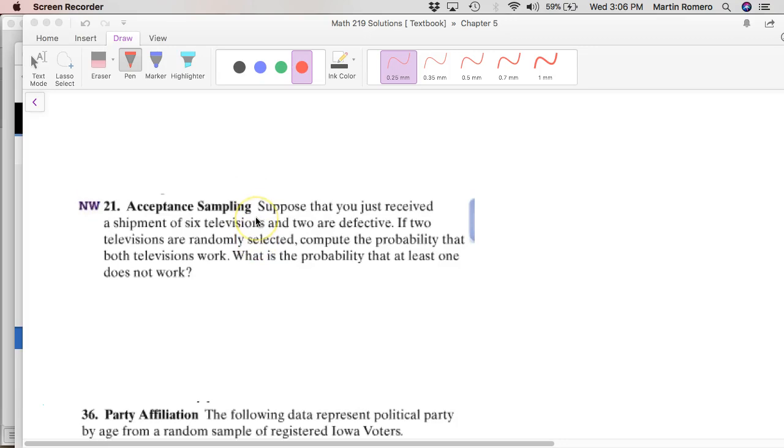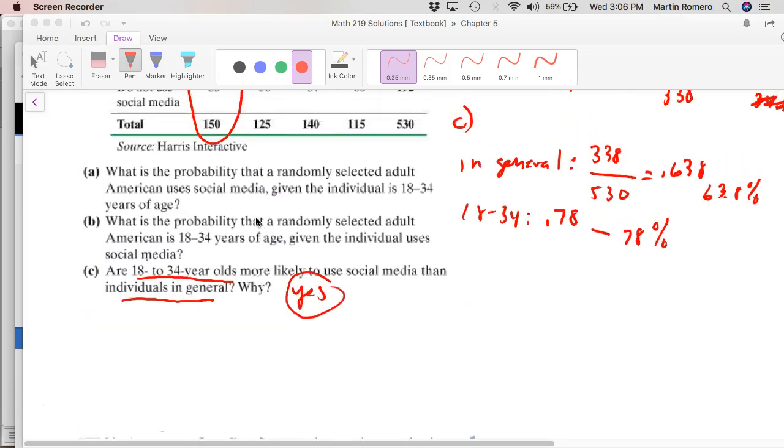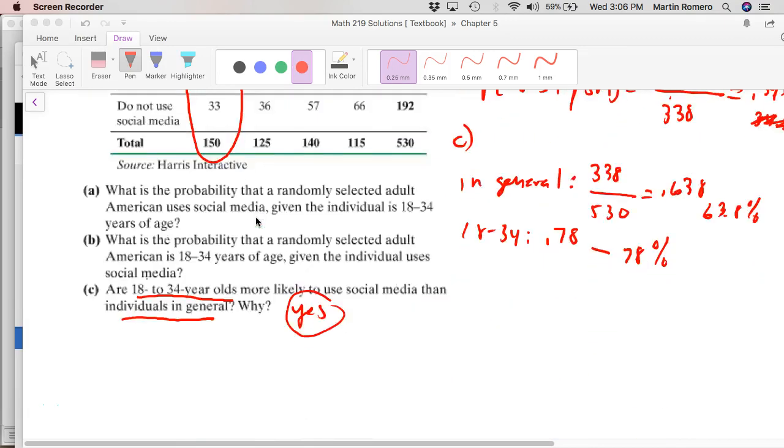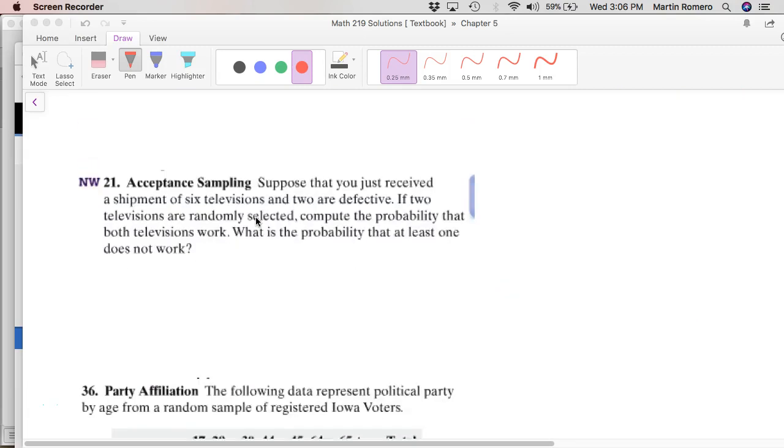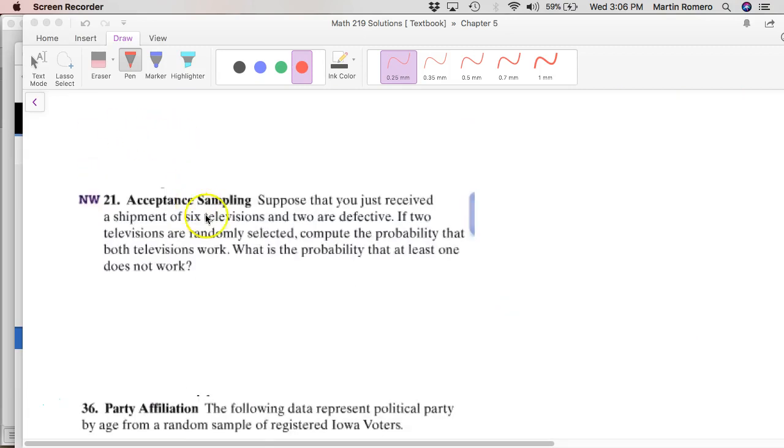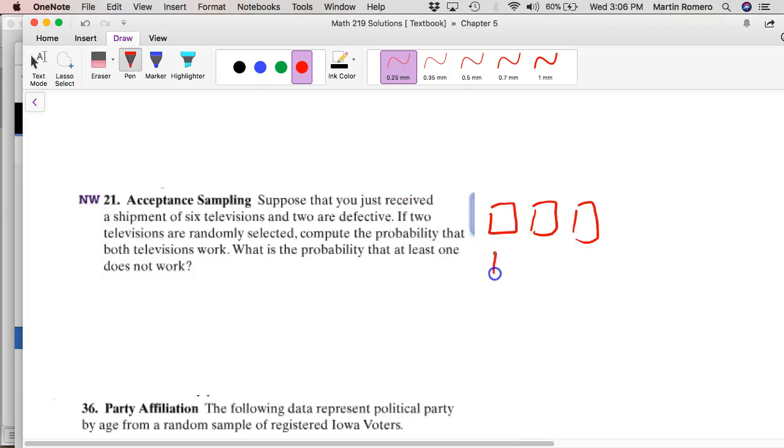Okay, let's go ahead and look at problem number 21 from the chapter 5.4 homework. There are 2 questions being asked here. So the first thing we need is the information. Suppose that you just received a shipment of 6 televisions, and 2 are defective. So here are your TVs, there are 6 of them, and we know that 2 of them are defective.